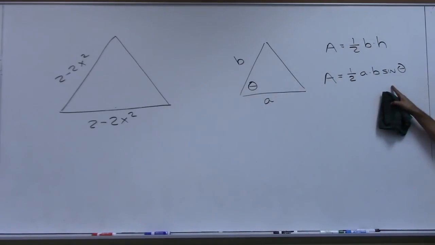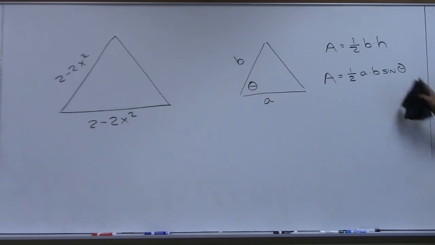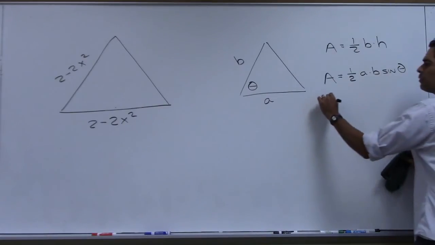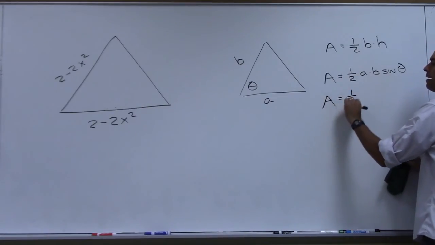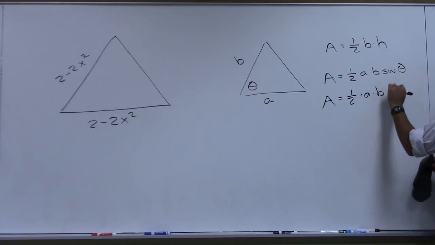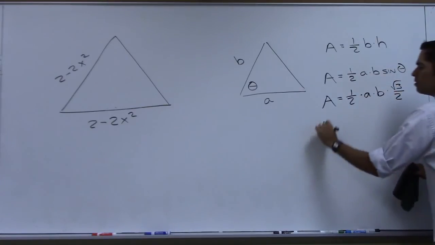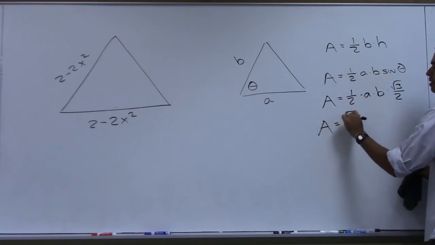Because it's equilateral, what does theta have to be? 60 degrees. And what is sine of 60 degrees? Root 3 over 2. So this formula becomes 1/2 a times b times root 3 over 2, which is root 3 over 4.